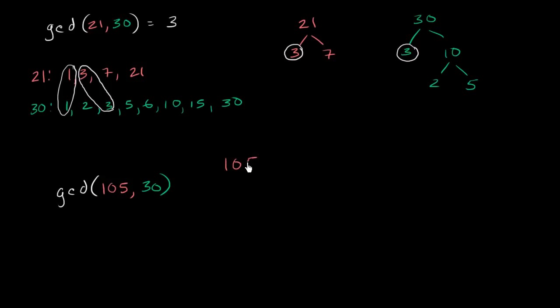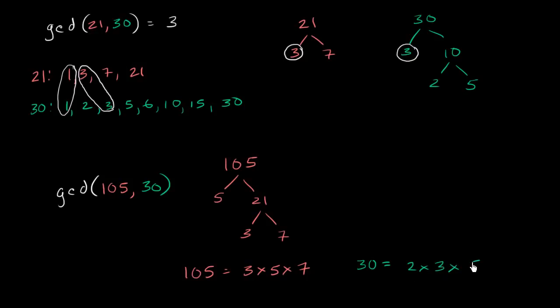But if you do a prime factorization, 105 is divisible by 5, definitely. So it's 5 times 21, and 21 is 3 times 7. So the prime factorization of 105, if I write them in increasing order, is 3 times 5 times 7. The prime factorization of 30 we already figured out is 2 times 3 times 5.